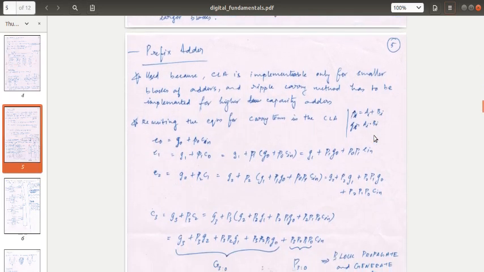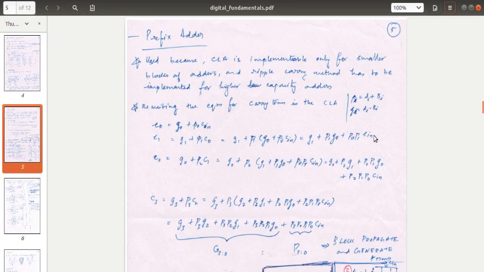So prefix adder eliminates that problem, and here a two-stage carry look ahead process is being done.